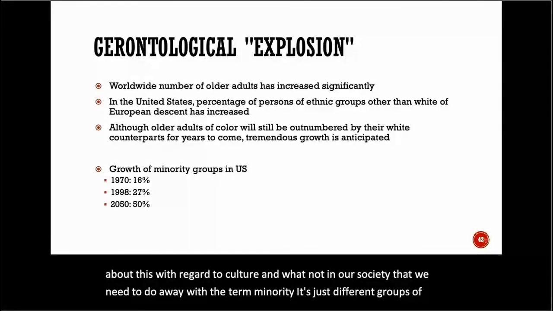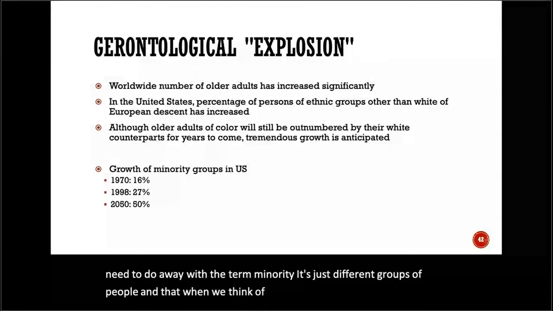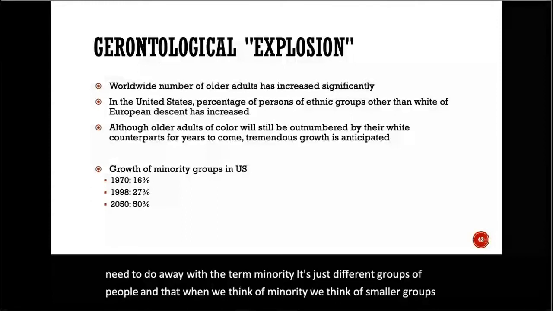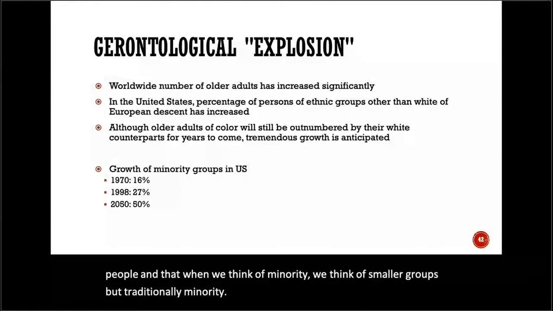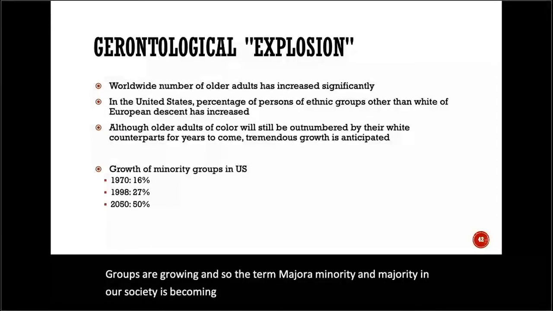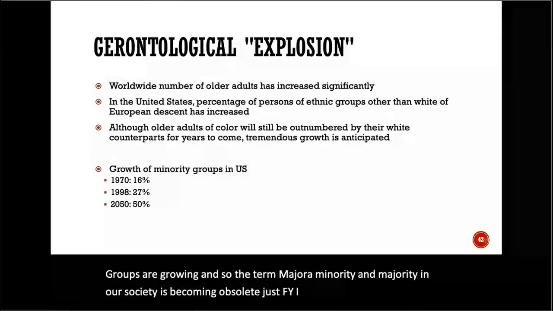When we think of minority, we think of smaller groups, but traditionally minority groups are growing. So the terms minority and majority in our society are becoming obsolete, just FYI, and you probably already know that.